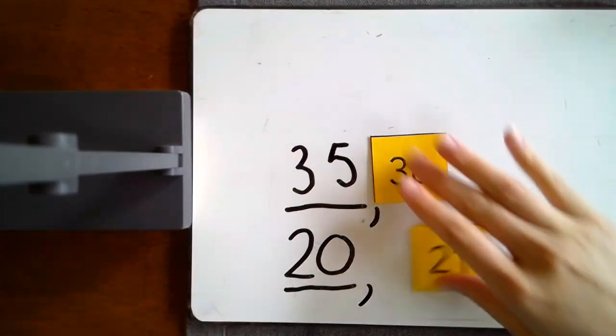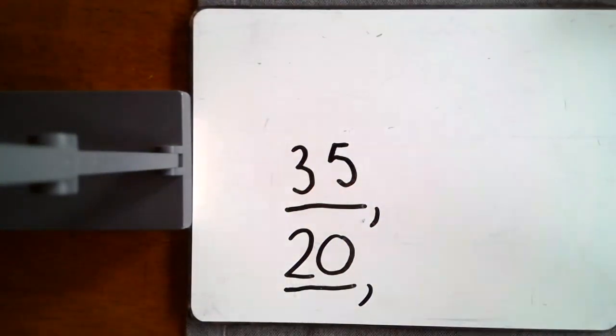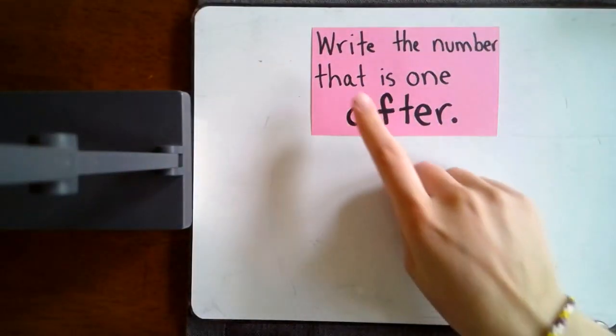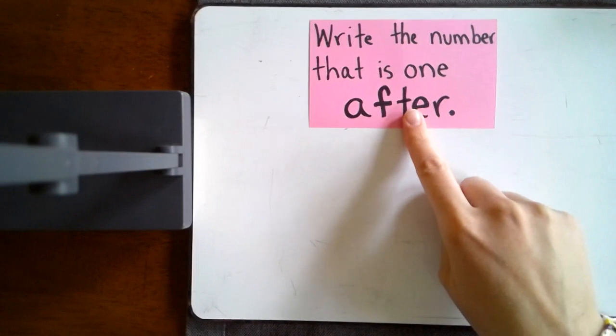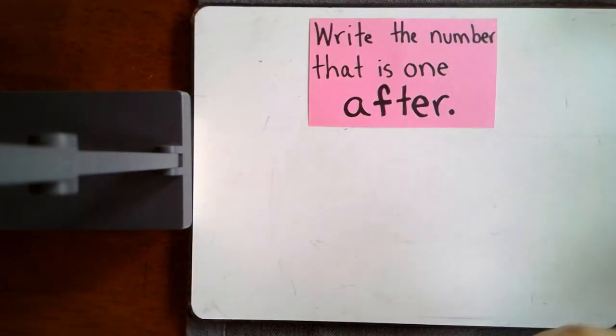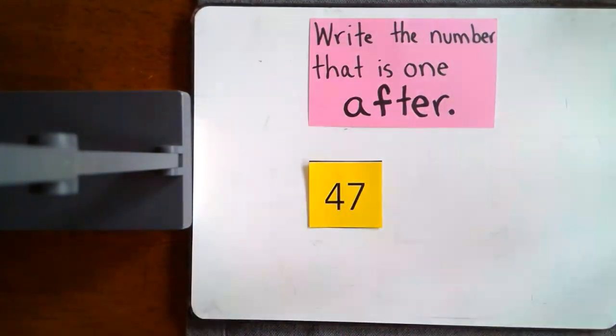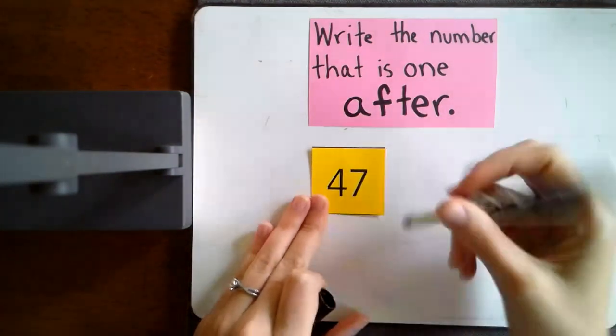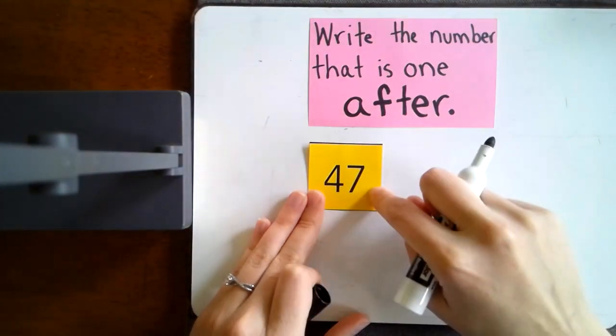Our next set of directions is to write the number that is 1 after. So now instead of 1 before, we gotta go 1 after. My number is 47.